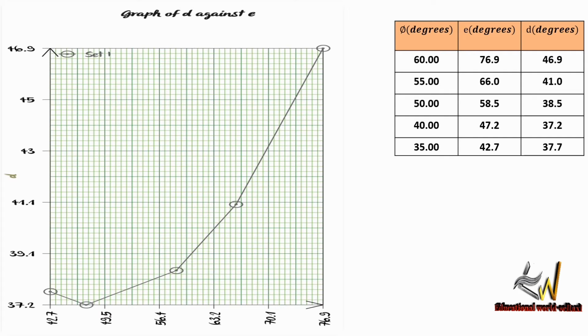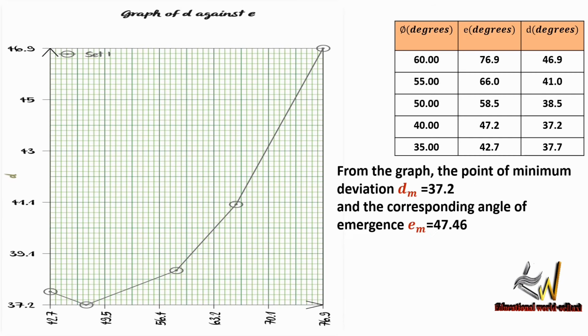As you can see, the graph of deviation D against the emergence E is a curve, and the lowest point of that curve is the point of minimum deviation, which we have the value to be 37.2 degrees, and the corresponding angle of emergence Em is equal to 47.46 degrees.